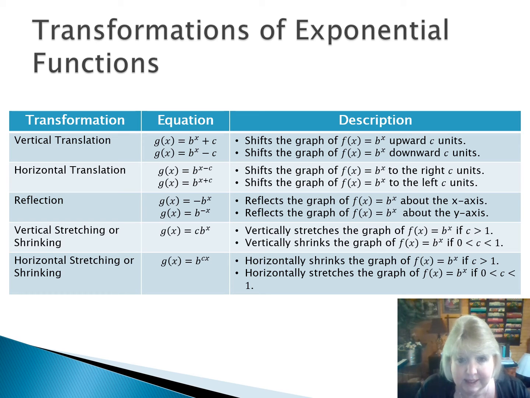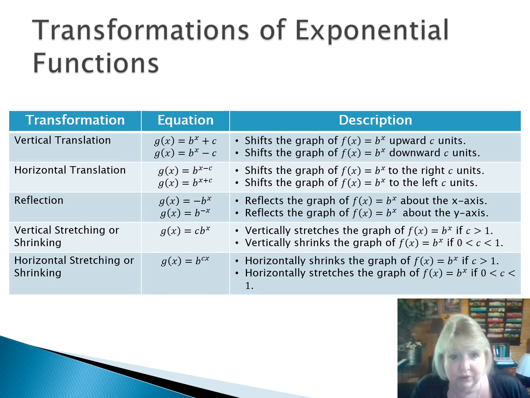The reflections: if you negate b to the x, then you will reflect that graph over the x-axis. If you leave b alone and negate the x, the exponent, you will reflect the graph over the y-axis.